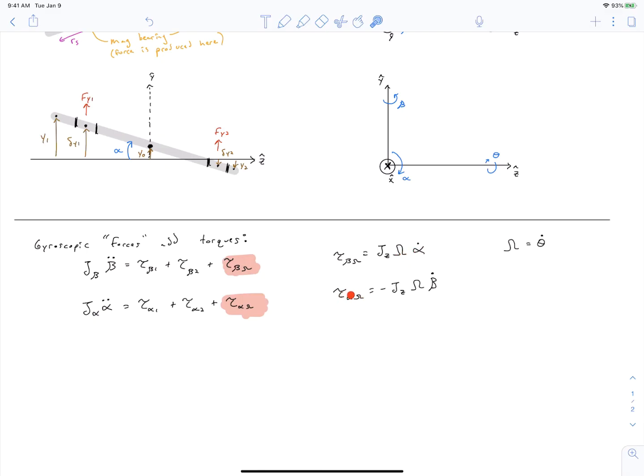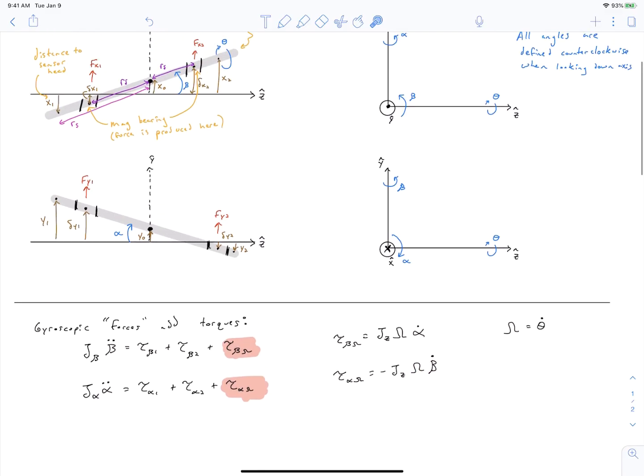Tau alpha omega is equal to the negative of our rotor's moment of inertia times its rotational speed times beta dot. So I'm noting that omega is the rotational speed of the shaft, being the time derivative of theta, where theta is the rotation about the z-axis. So that is the speed of our motor. And again, pay attention to the sign change here, that you've got a negative here and a positive up here.